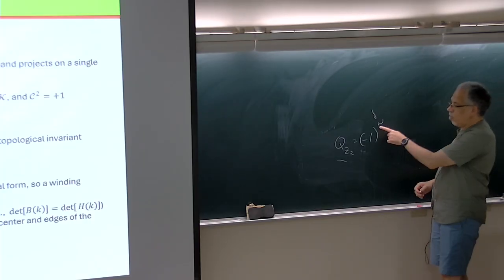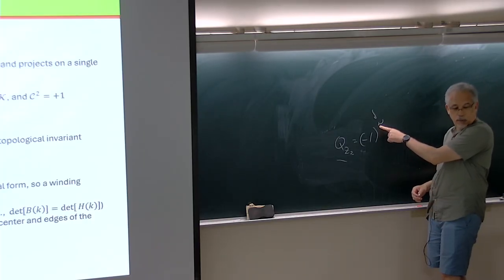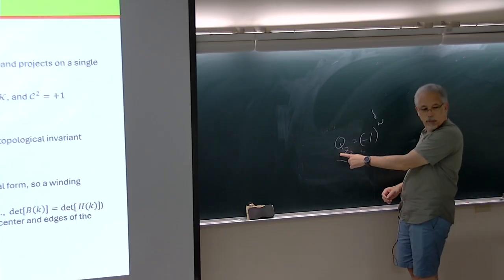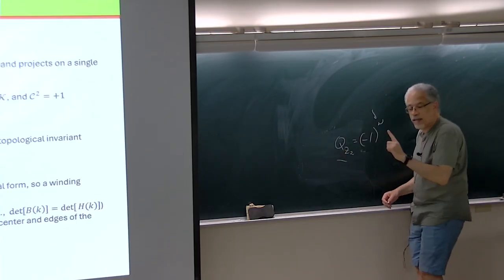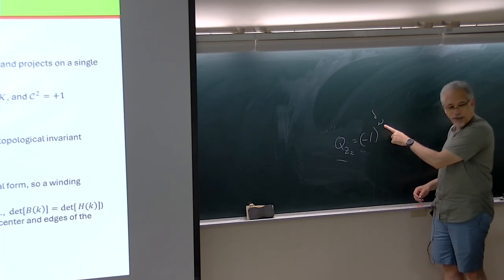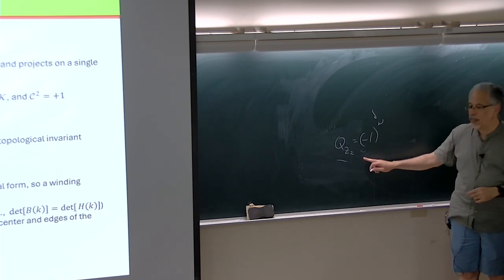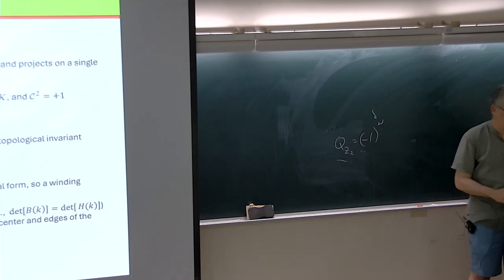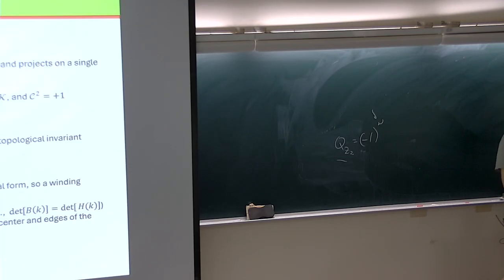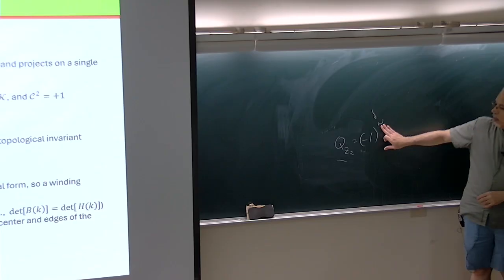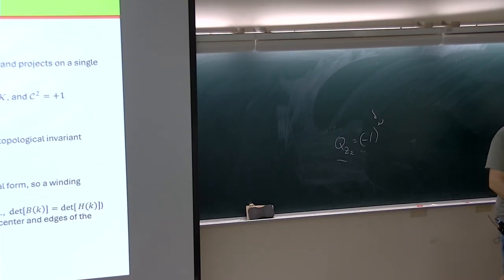So either you calculate nu or you calculate Q. If you have nu, you will have Q. If you have Q, you may not have nu, okay? But if you have the winding number, in that case, you can also calculate. You cannot do this always, just in this case that you know. You can play with the operators and figure out that there is a time reversal that you can fake and make it possible to calculate nu, okay?